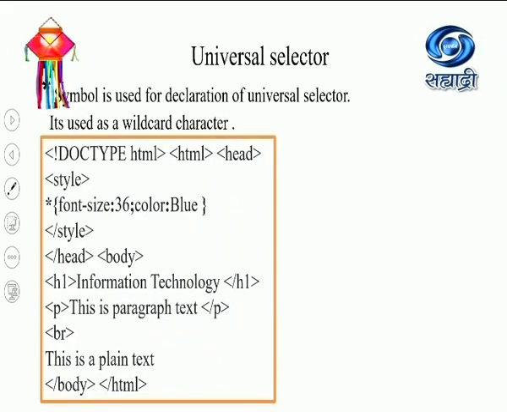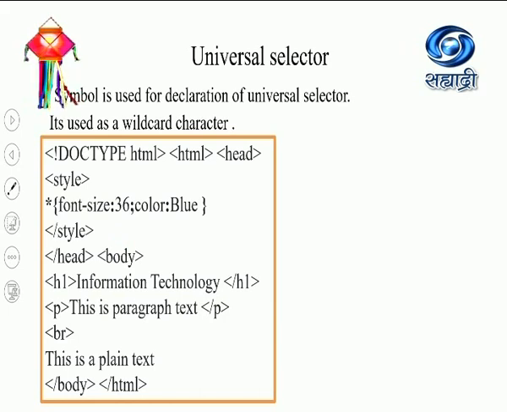So the star symbol, if you specify it as a wildcard in your program like this, here I have mentioned, this can be applied for any of the selectors. In this case, I can make use of this star instead of the H1 or P selector or maybe a body selector.